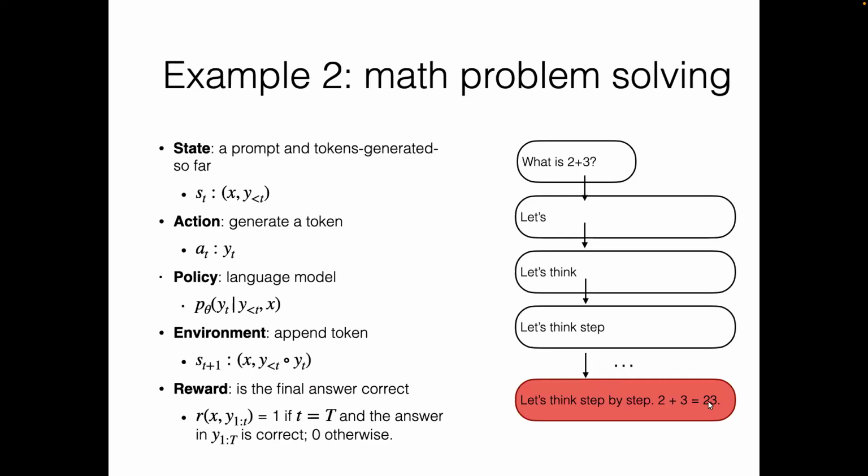Then your reward would basically be 1 if you are at the final step and the answer is correct. And otherwise, for all these intermediate steps, it's just 0. So then if you consider the return, it'll be the sum over all the steps. So it'll include the reward at the end.